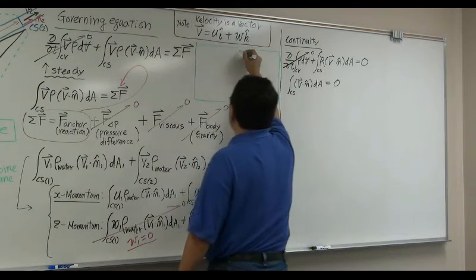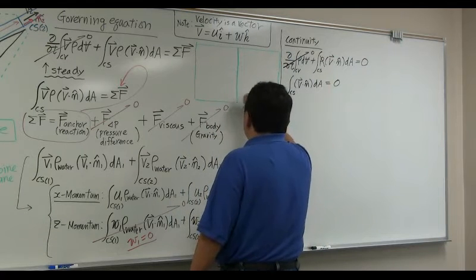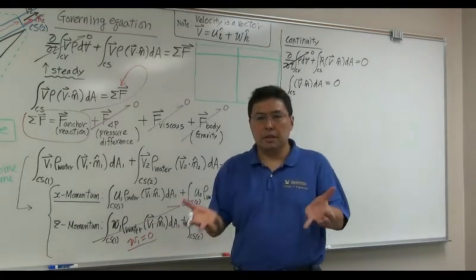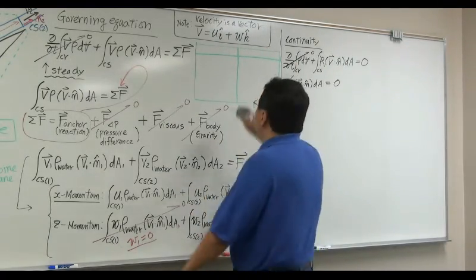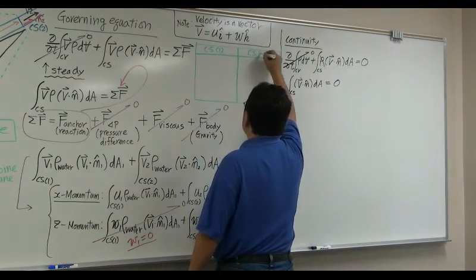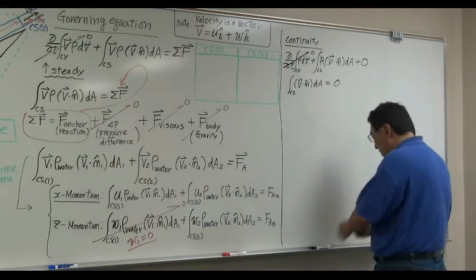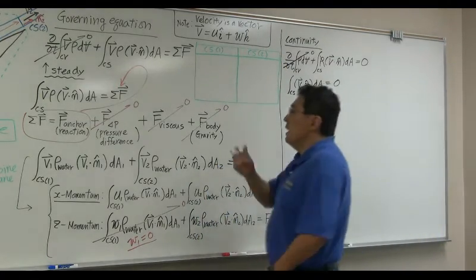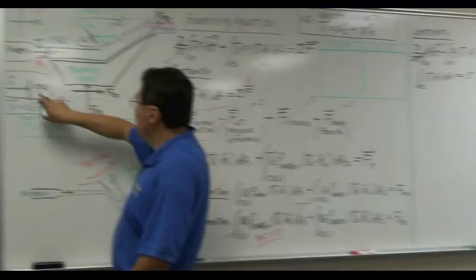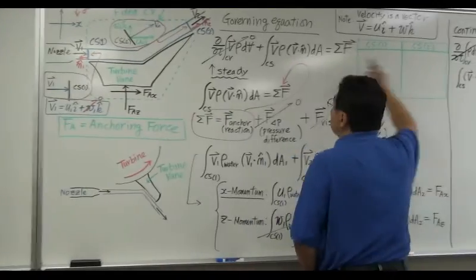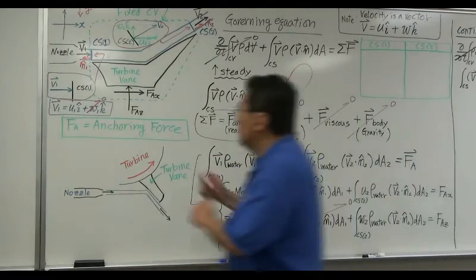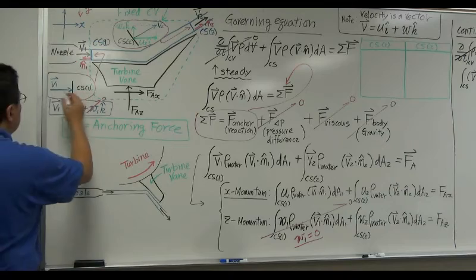Before moving on, I'm going to set up a small tiny table. You don't have to do this, but it's a good idea to do that to begin with. Make sure I don't make any mistake here. Control surface 1, which is this case. Control surface 2, which is this case. Control surface 1 is here. v1 is incoming.